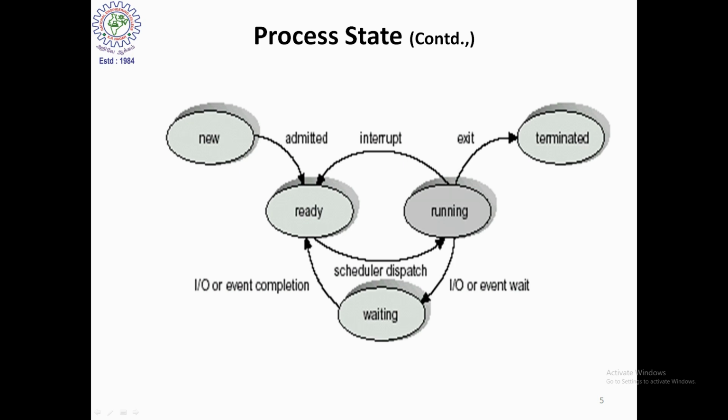And after the waiting state, once the activity is completed, that is, the IO event or any other resource completion, it will be sent again to the ready state, and then again the scheduler will dispatch it to the processor. This is how the state transition happens. A very important thing to note is that after the completion of the IO event, the process should go to the ready state, and only then can it be given to the processor.